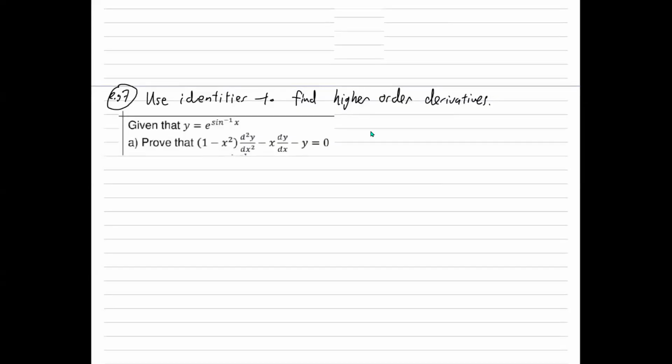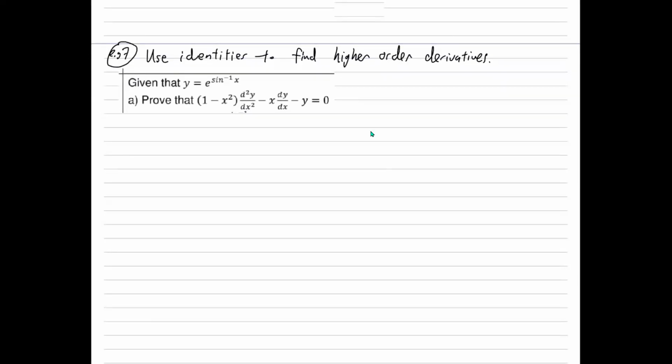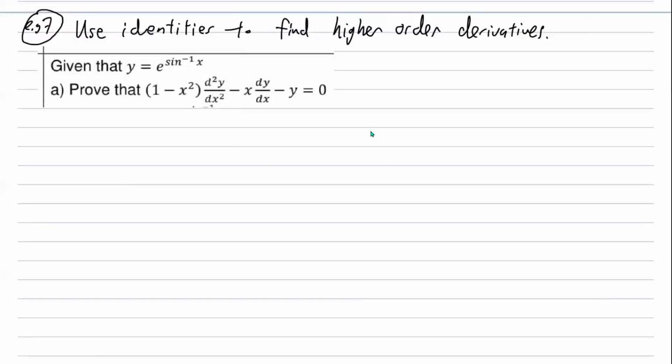Okay. Use identities to find higher order derivatives. So part A asks you to prove that you get this identity. Part B, I hid it from you. It's actually on Maclaurin series, so I'm going to modify it.